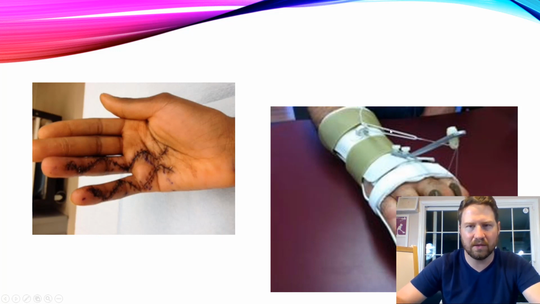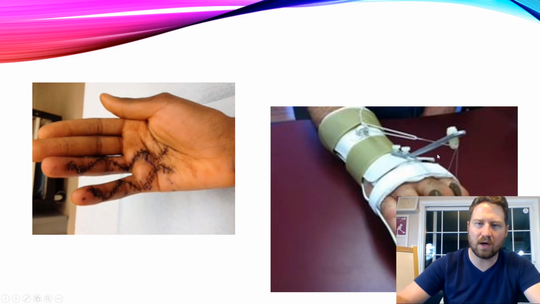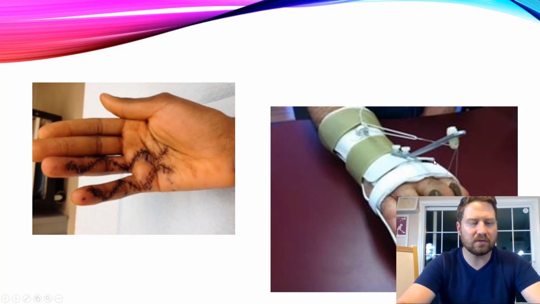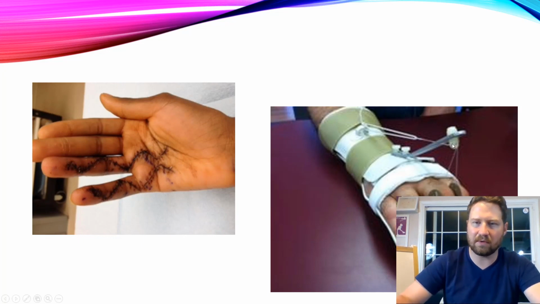That's called an outrigger, and it's just held up so that he can't flex that MCP at all. They usually don't wear this for too long. If you go to Carolina Orthopedics for one of your clinicals, Brian's our hand therapist there, and he does a fair number of these, so it's pretty cool to observe those.